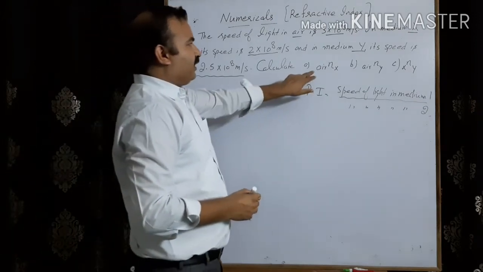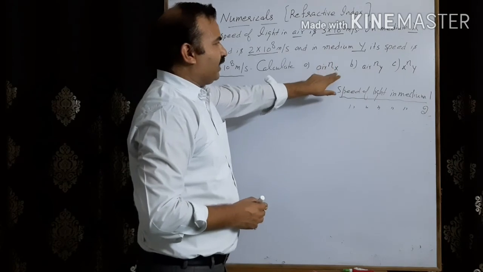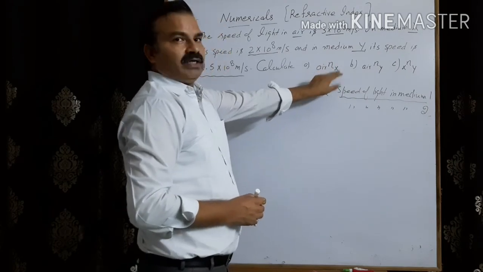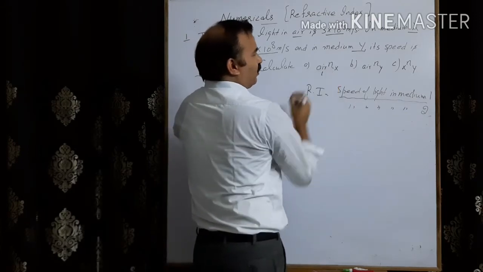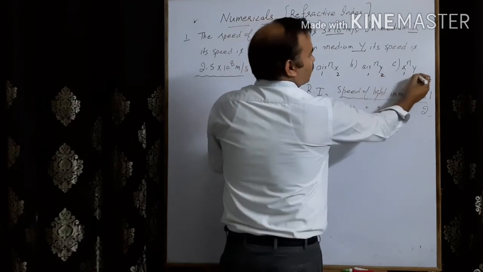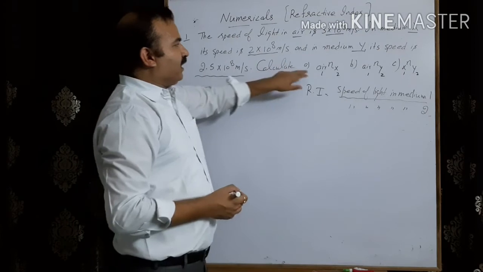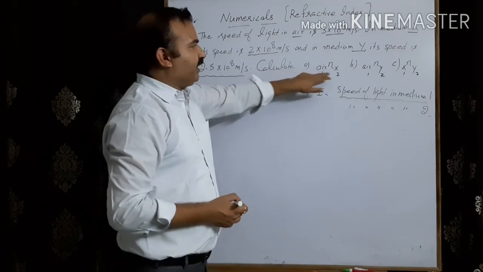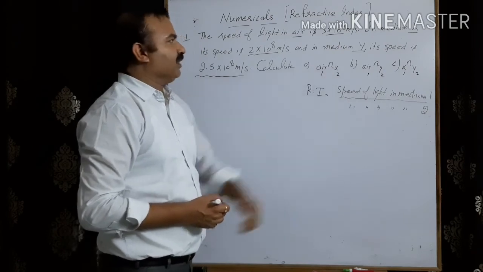Now we have to calculate refractive index, air and X. It means this side is always written medium 1, this side medium 2. It means we have to find the refractive index of medium X.